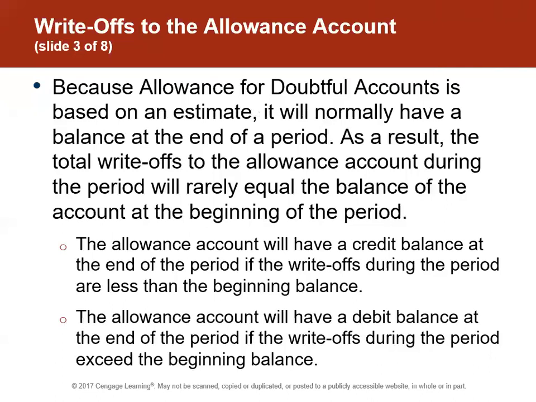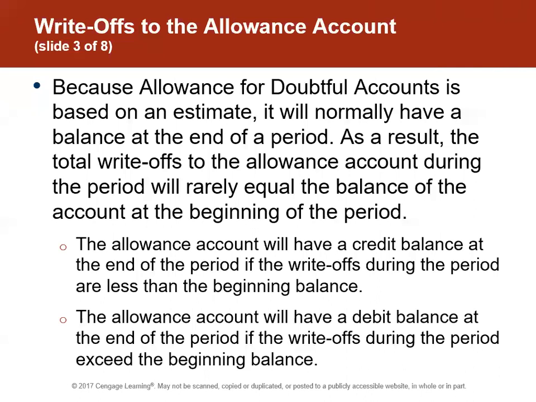If we estimate pretty correctly, what we're going to do throughout the whole year, January to December, is continue to identify accounts, direct accounts that are uncollectible. So we'll keep debiting allowance for doubtful accounts. So what happens at the end of the year, allowance for doubtful accounts is a tricky little account. It can have a debit balance or a credit balance before we do adjustments. So that's where it gets fun.